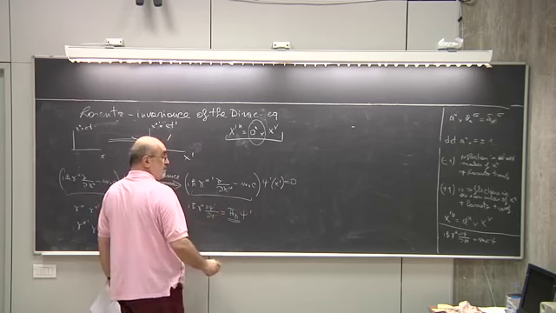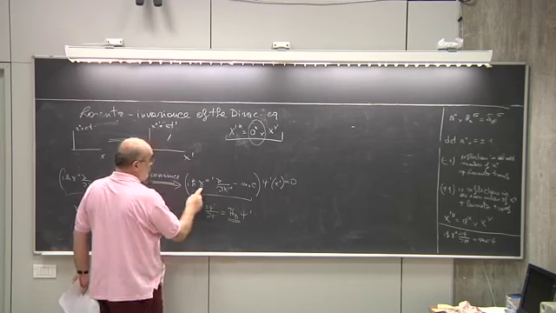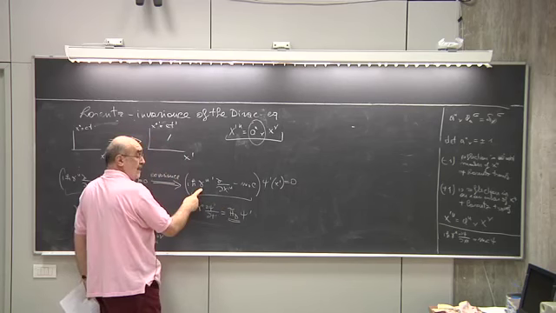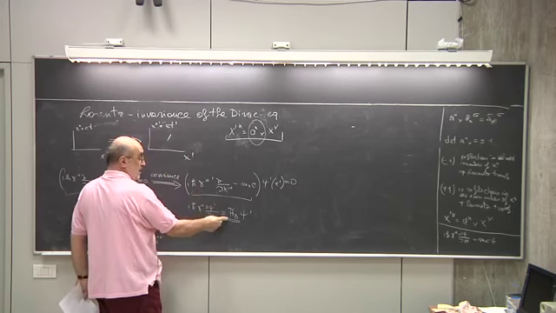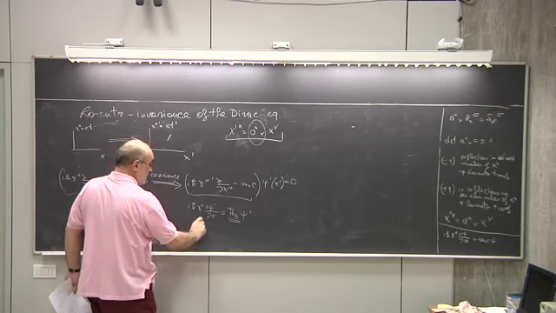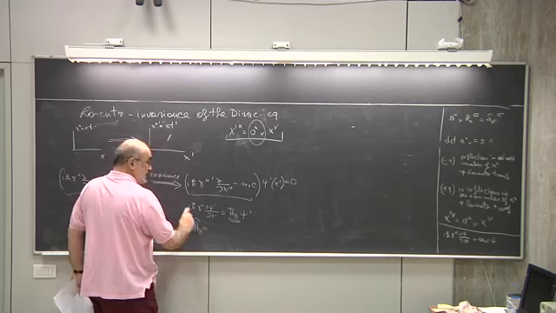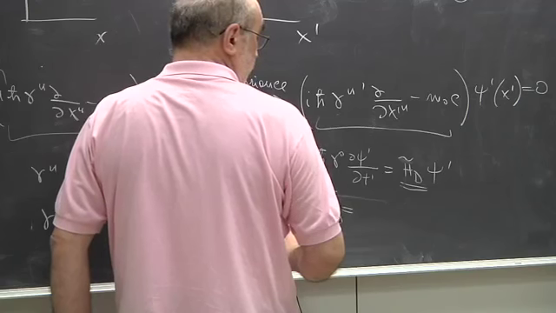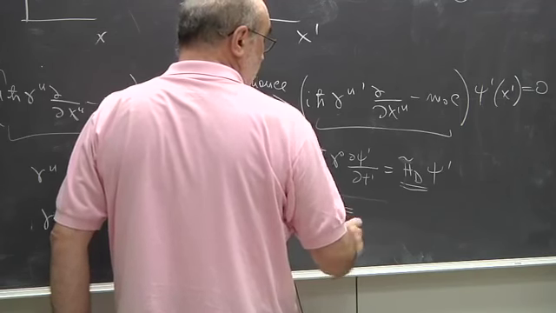This one would not be Hermitian because this one would have the gamma i, and the gamma i, remember, are anti-Hermitian. So the H tilde is different from the one that we had.